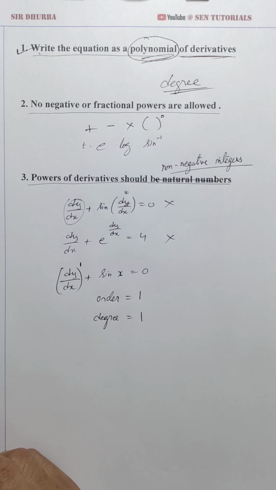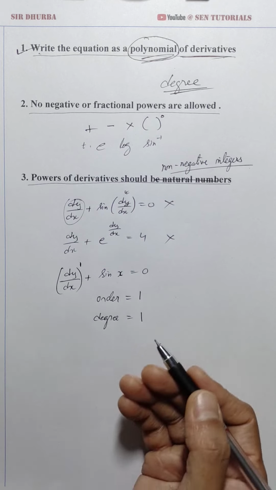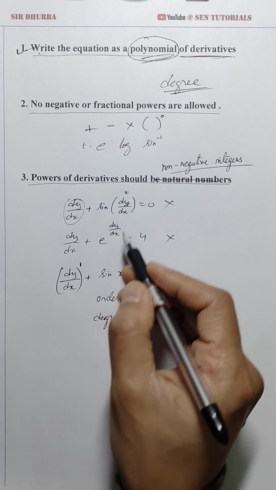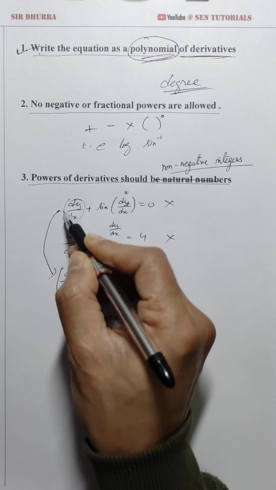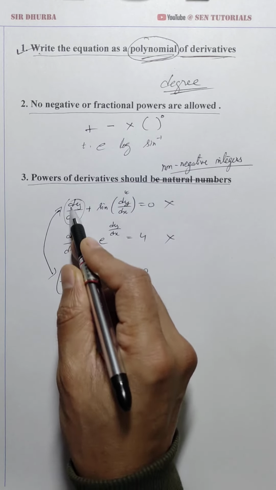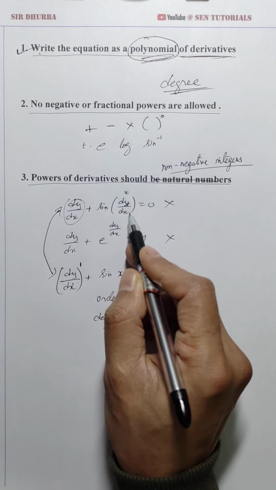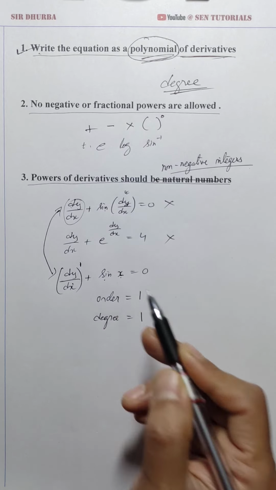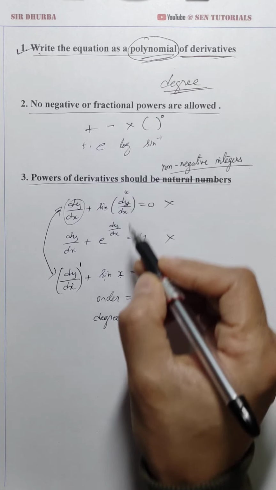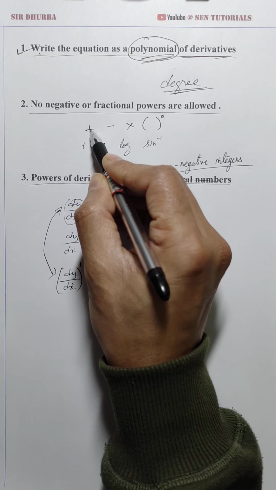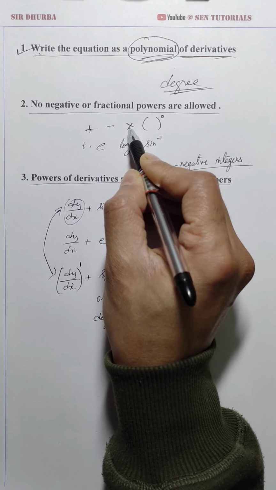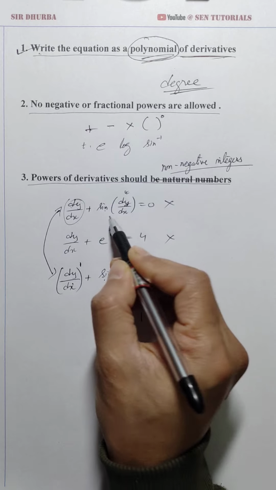Then you will be surprised, what is happening here? Why is it not defined? Look at this carefully. What is the difference with these two? dy by dx, sine dy by dx, sine x. I said no other function except addition, subtraction, multiplication is allowed on the differentials.